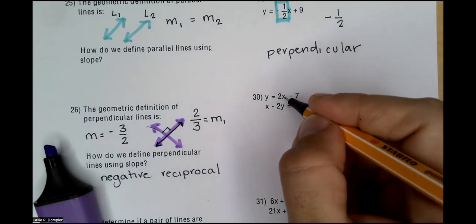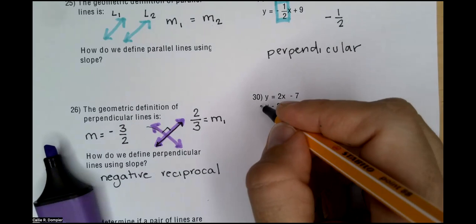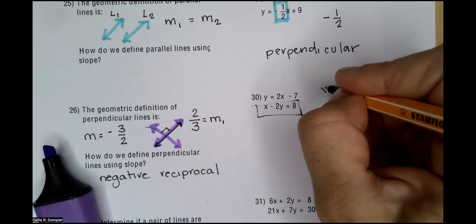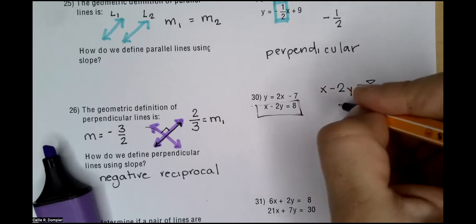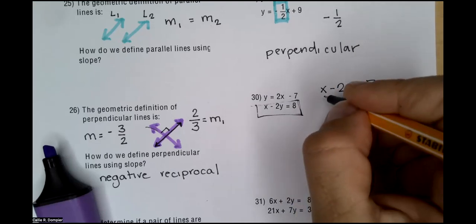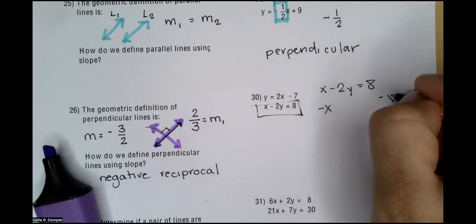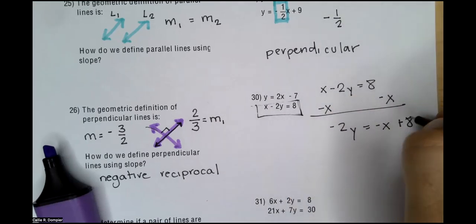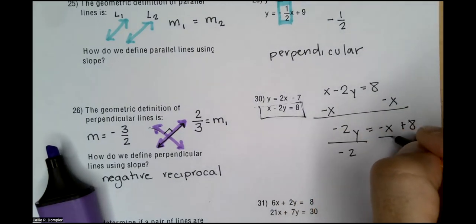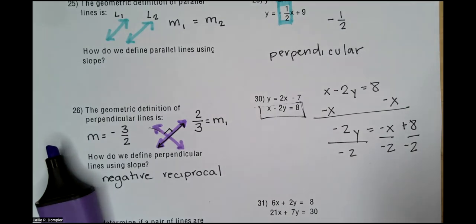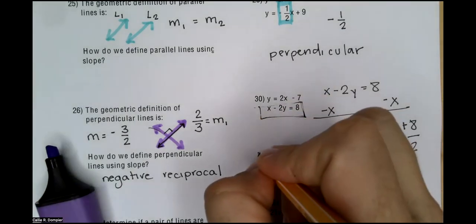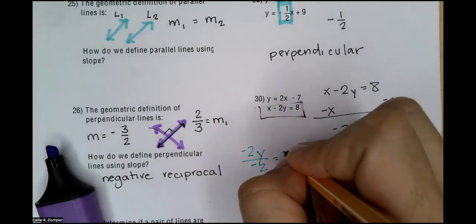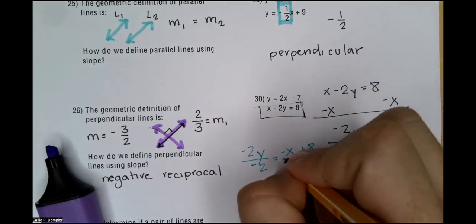Here, first we need to solve for y. All right, y equals 2x minus 7, but this isn't in slope-intercept form where I can see what the slope is easily. So I'm going to change x minus 2y equals 8 to y. I'll isolate the y by subtracting x: -2y equals -x plus 8, divide by -2. You can look at it like that, or you can say -x plus 8 over -2.